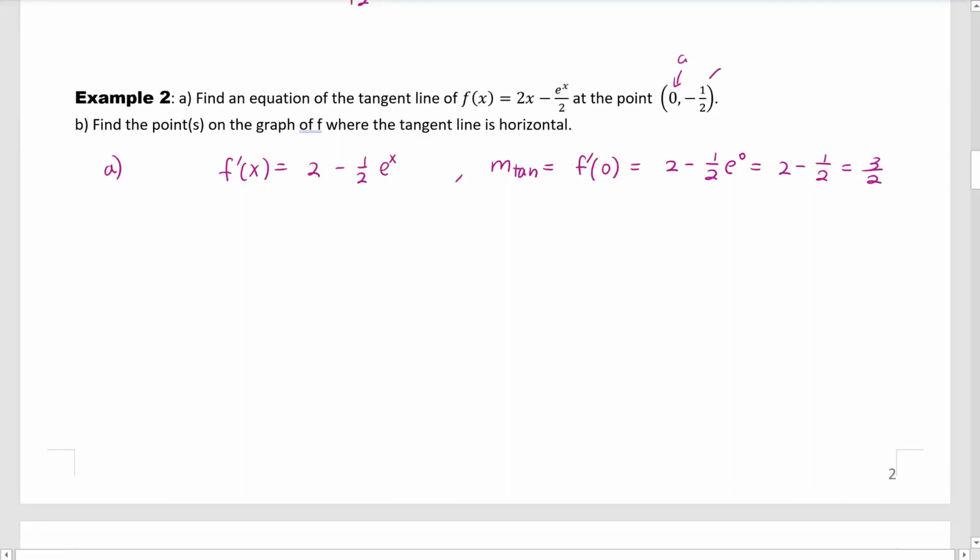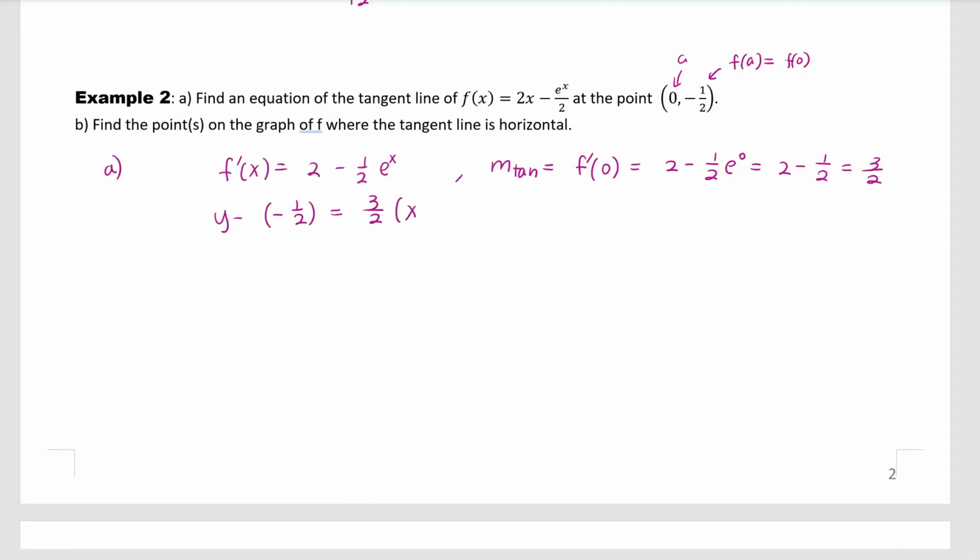Well, do you know what is minus 1/2? Well, this is actually f of a, right? When you plug in 0 in it, you get minus 1/2, right? This is f of 0. So we're ready. y minus the y coordinate of the point, which is negative 1/2, equals the slope 3/2 times x minus the x coordinate of the point, 0.